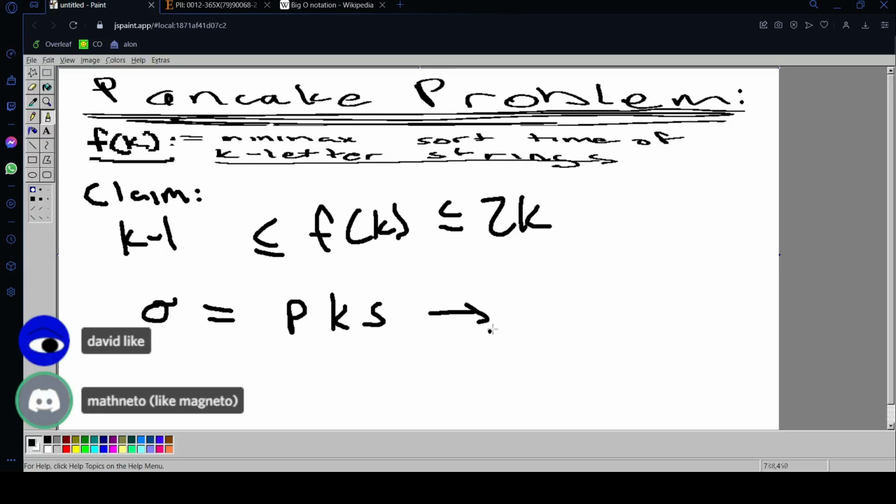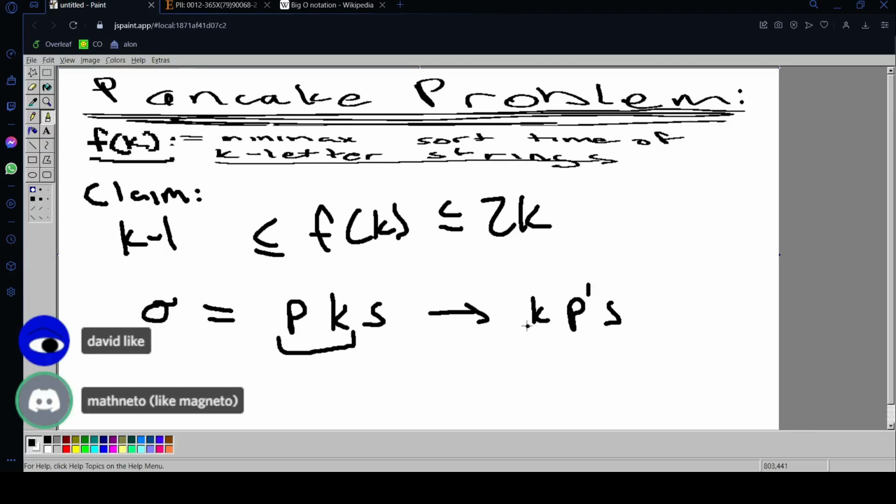So the first move I'm going to do is a prefix reversal, and that will send me to k and then P prime, which is just the reversal of this prefix string, and then S. So now k is at the front.